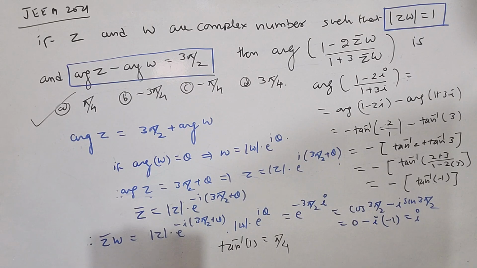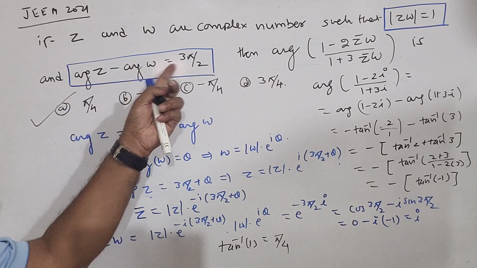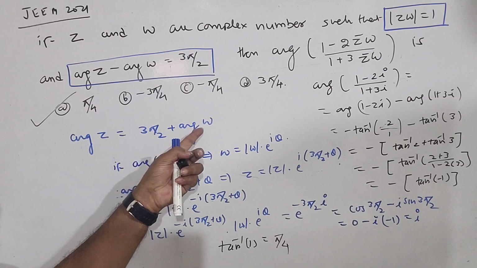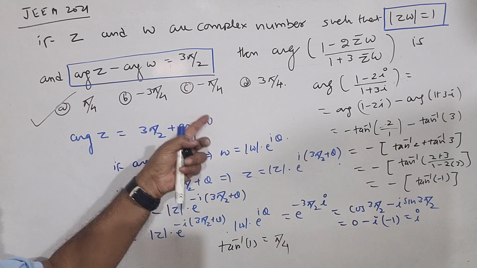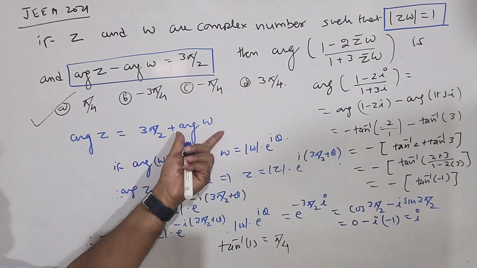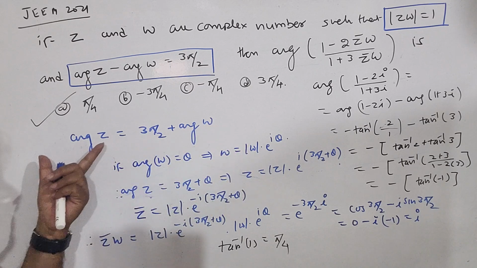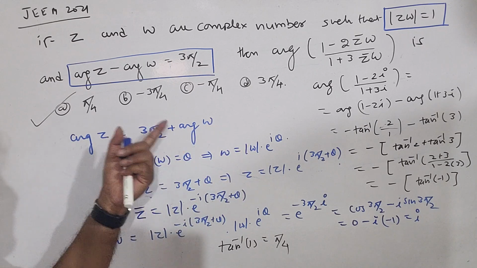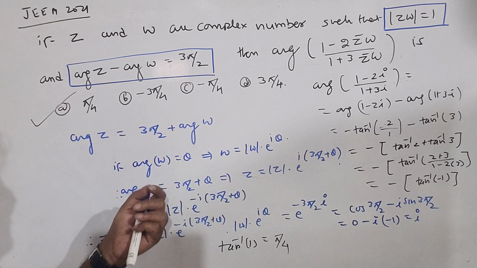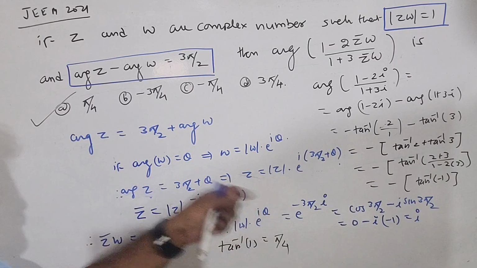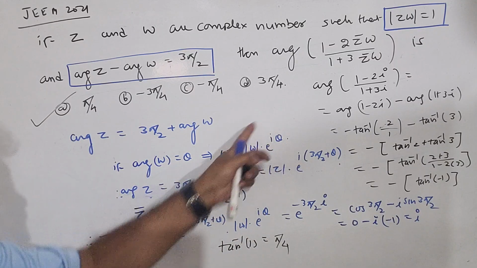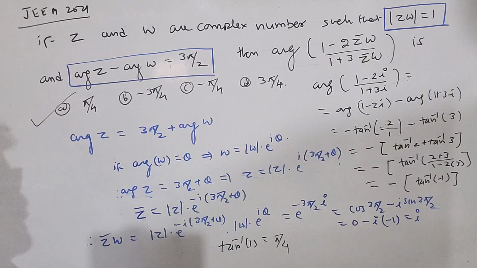So look here. First we used the concept that the argument of Z is 3 pi by 2 plus the argument of W. W and Z are not given, so let's suppose the argument of W is theta. Therefore you can find the argument of Z, and then I can find Z and W in terms of e to the power.